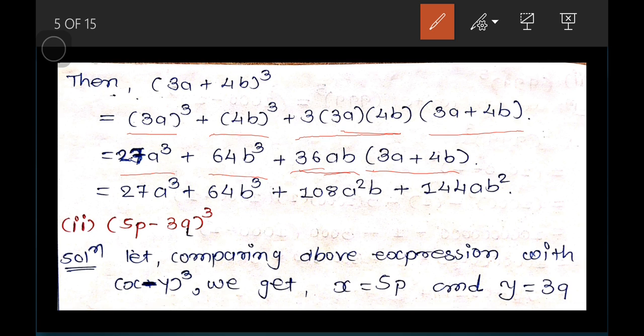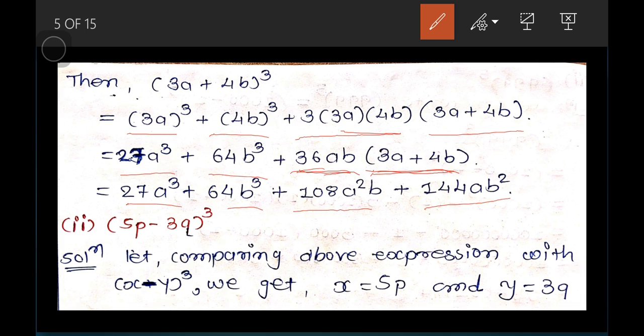Now we multiply 36ab after opening this bracket. So 27a cube + 64b cube + 108a square b + 144ab square. With the help of this identity we can solve such examples.